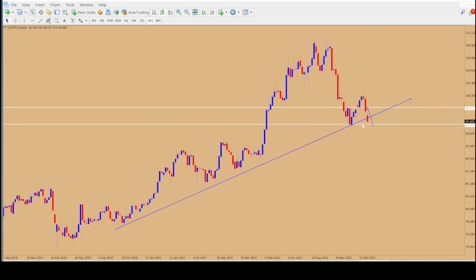Actually it looks like the market has closed below the trend line, but it's coming to this 95.39 area, and I have a theory about the market coming into horizontal support areas after breaking diagonal support areas, which is the trend line.